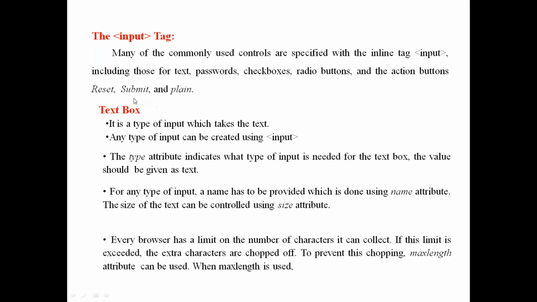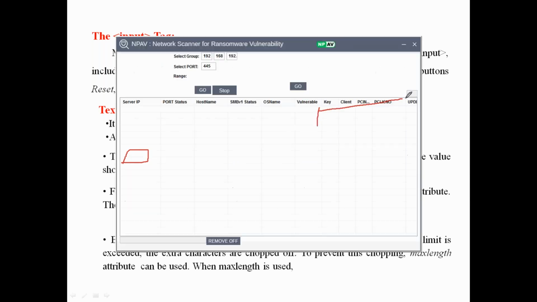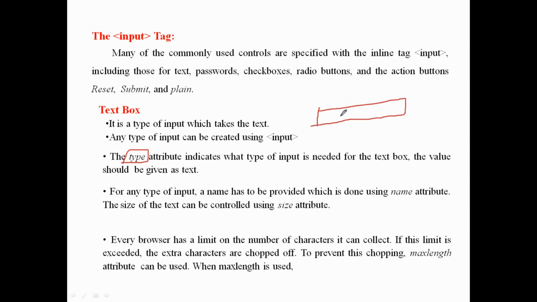If you want to create a text box, password box, or checkbox, we need one attribute, the type attribute. The type attribute indicates what type of input is needed. Suppose this is a text box, and you want to enter A, B, C, whatever text.